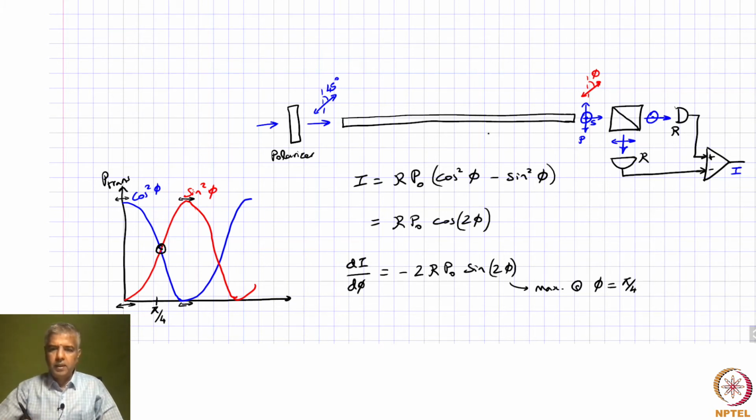Then as it propagates, because of some perturbations, you might have some small rotation around this point. So you are biasing at phi equals 45 degrees, and because of this perturbation you get some small theta change in that, and that is the change that you are interested in picking up. Okay, so let's just try to write that down mathematically.